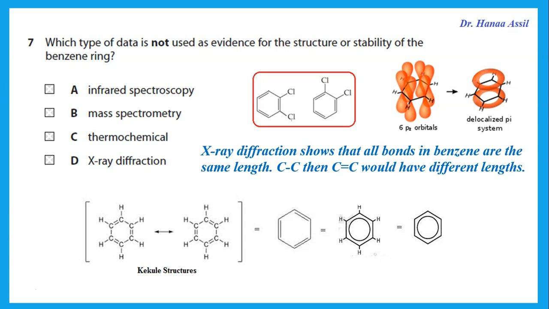Also, the evidence that if we have alternating single and double bonds, then we should have two types of 1,2-dichlorobenzene, in which the two chlorines have a single bond between them, or the two chlorines have a double bond between them, and these two structures have never been found, or they've never been proved to be found.